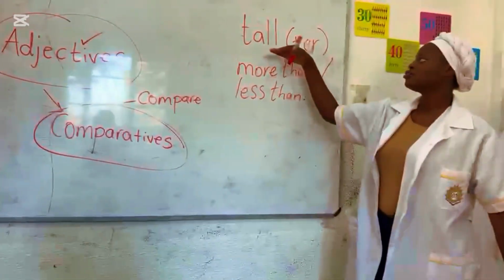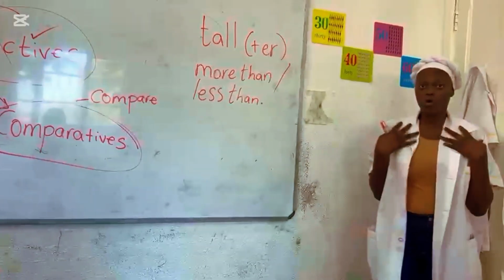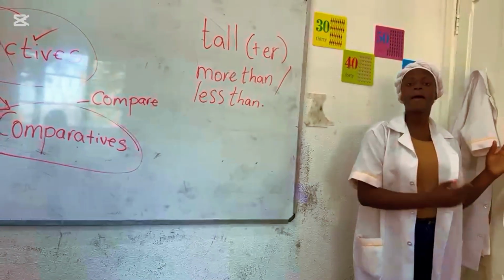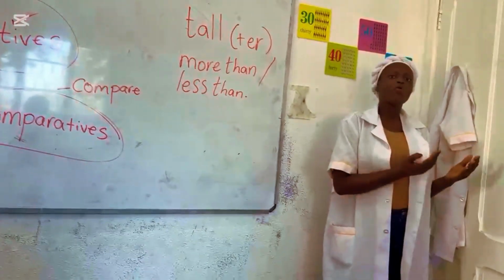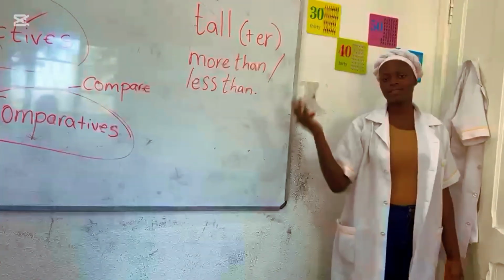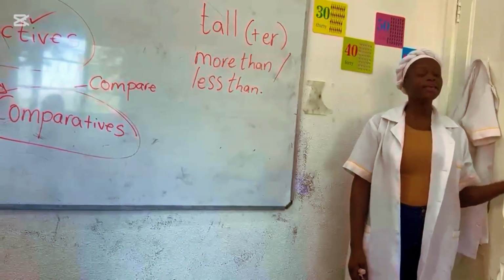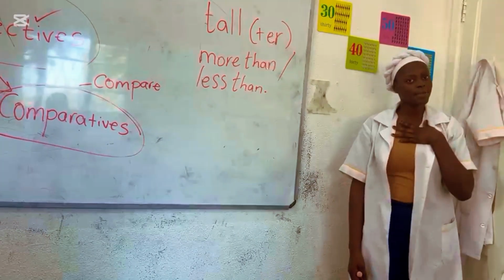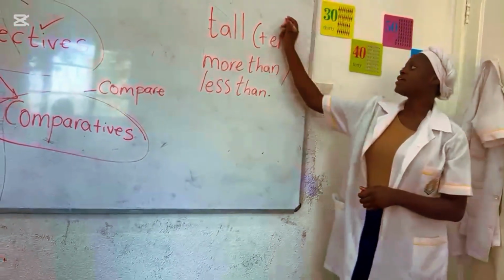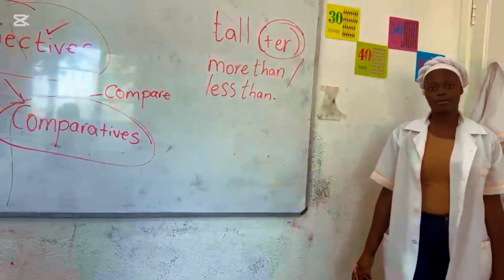Okay, tall. I am tall, the door is tall, but let's compare. Which one is taller than the other? Obviously, the door is taller than me. So I've added what? ER.